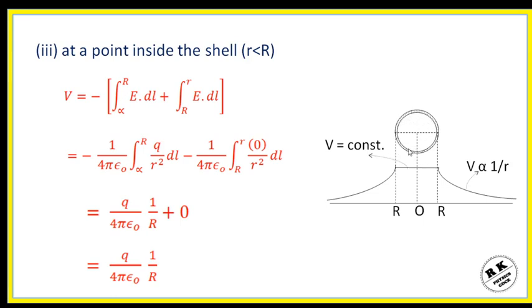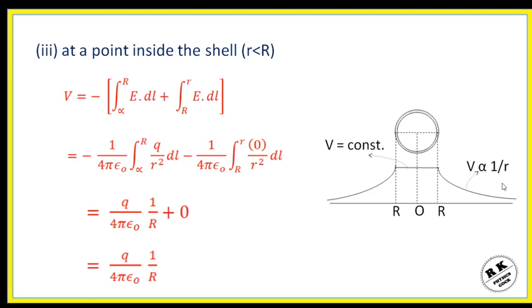So with this we have completed the shell also. What difference we notice is outside the distribution, for shell as well as for uniform charge distribution on an insulating body, the derivation is the same.